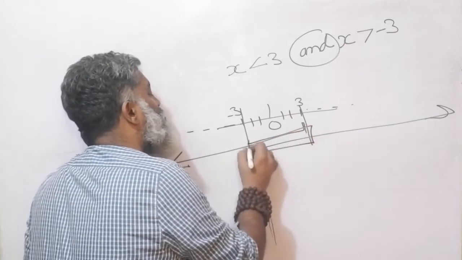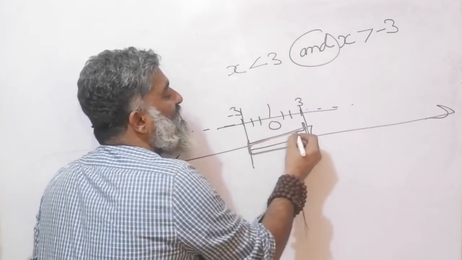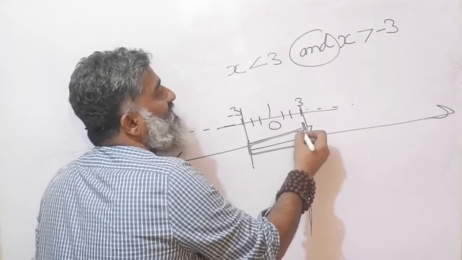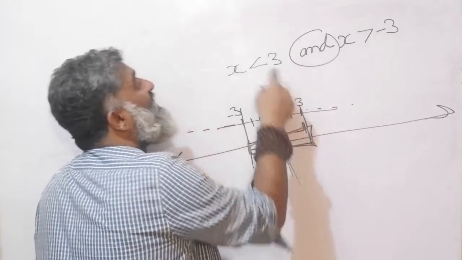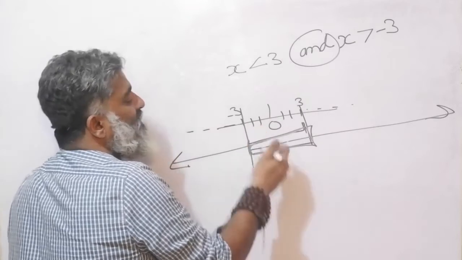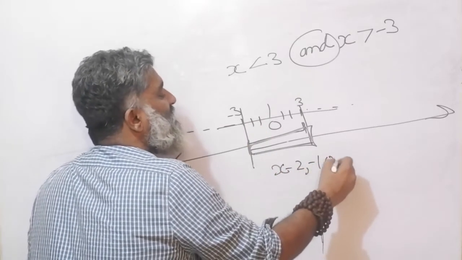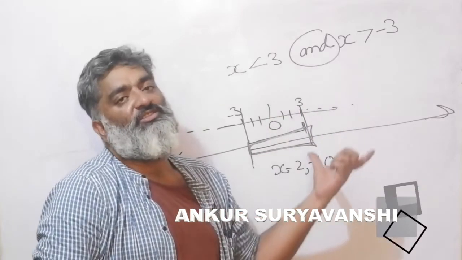This part of the story works for both the conditions, because any number in this region is greater than minus 3. It's on the right of minus 3 and it is on the left of 3. That means numbers like minus 2, minus 1, 0, 1, 2 will satisfy both the stories, right?